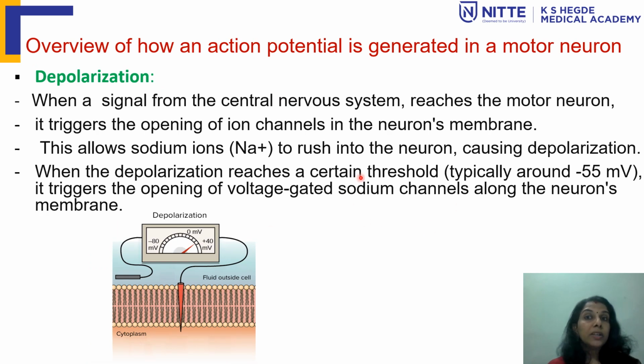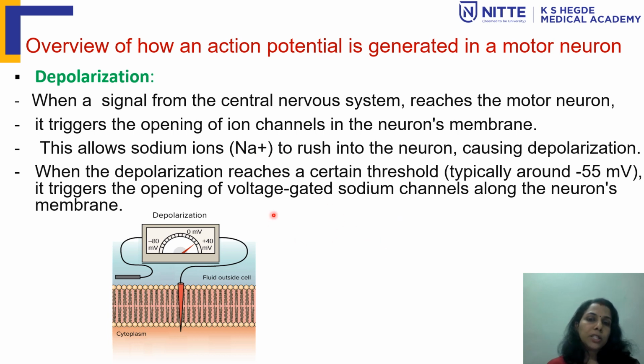So what happens when depolarization occurs? When a signal from the central nervous system reaches the motor neuron, it triggers the opening of ion channels in the neuron's membrane. So when there is the opening of ion channels, what happens? Sodium rushes into the neuron, causing depolarization.